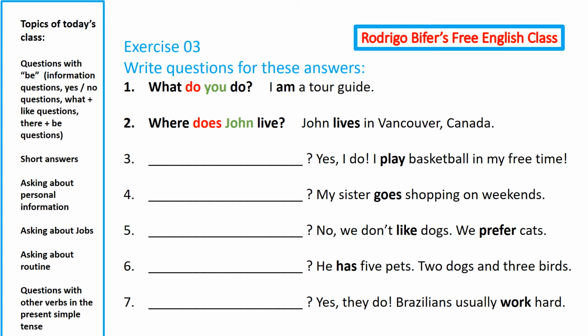In this case we have a yes/no question, so question number 3 must begin with the auxiliary verb do. Because the answer is yes, I do, so: do you. I play basketball. Basketball is a sport. So in my opinion, the best way to ask a question here is, do you play any sports?